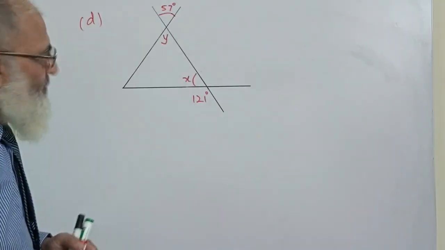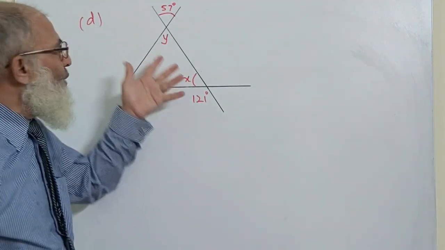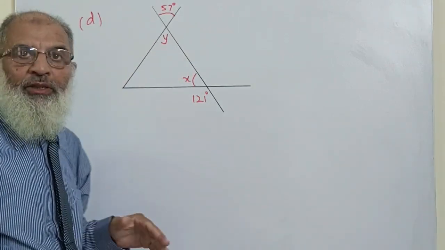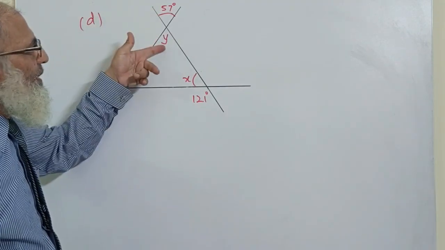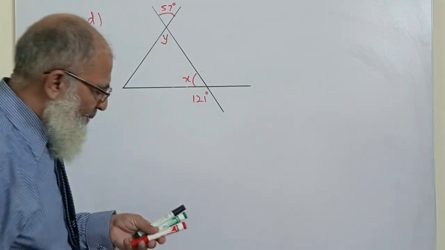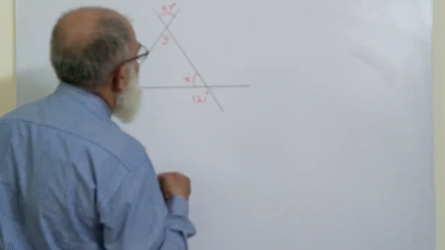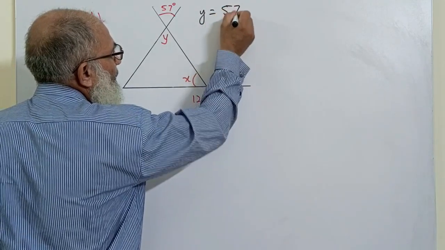Now, dear students, you can see that again two angles are unknown and two angles are given to us. So it is very easy again, since this is a vertically opposite angle and I have told you the story about vertically opposite angles. So this angle y is equal to 57 degrees.